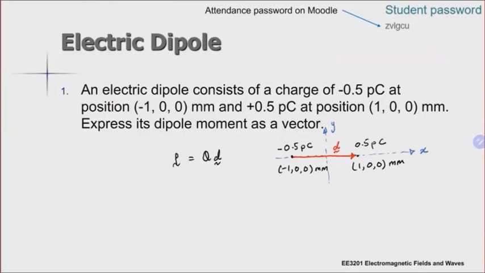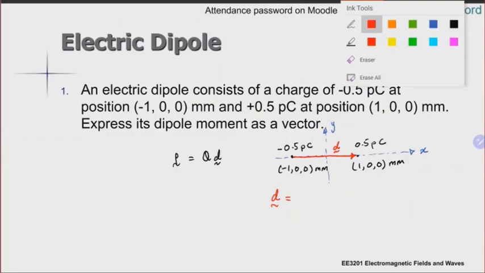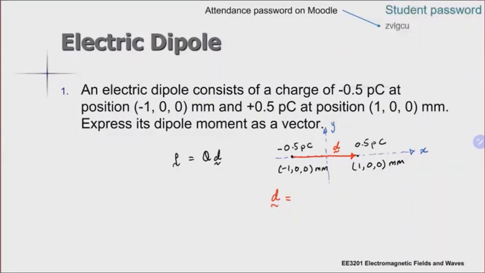So vector d. We have two position vectors. This is 1, 0, 0. The other position vector is minus 1, 0, 0.